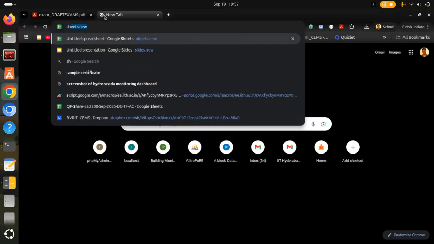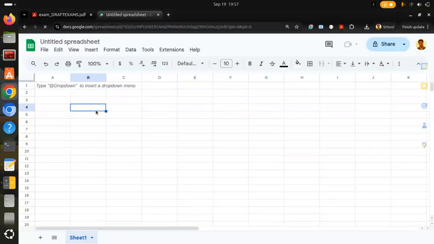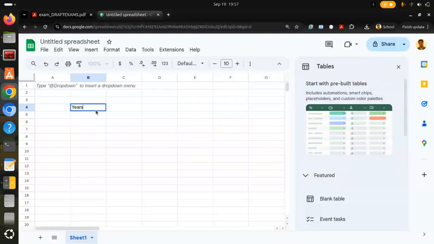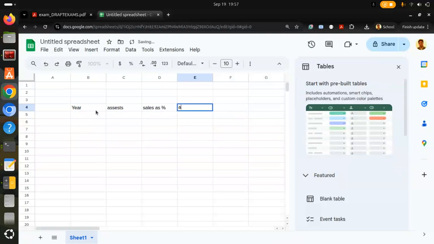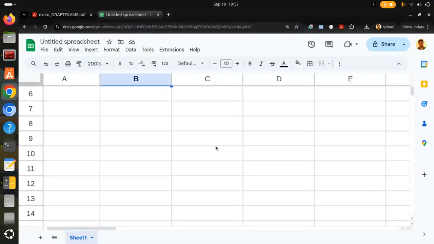Simply go to sheets. Of course, you can also work it out in a calculator, but it is better to do this. The columns are year, then assets, then sales as percent and actual sales. Let me magnify this so that you can see it clearly. So let's do some data entry now.